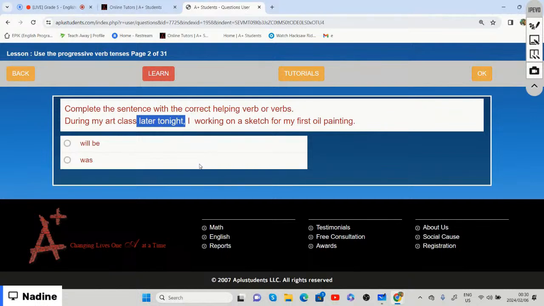So during my art class later tonight, do we say I will be working on a sketch for my first oil painting, or I was working on a sketch for my first oil painting?